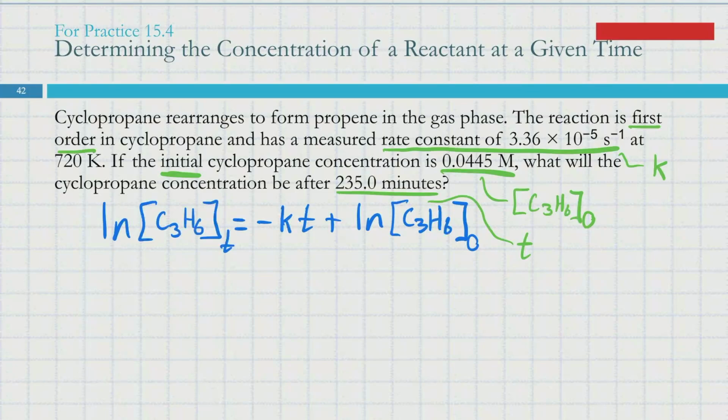Can we plug everything in and just solve it right away? We cannot. The reason we can't do that is because we were given a time in minutes and our rate constant is inverse seconds. So we need to make sure that we switch from minutes to seconds.